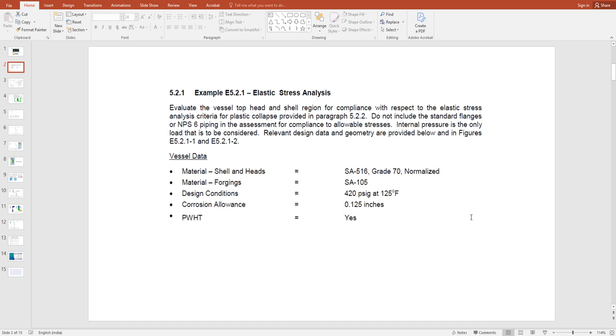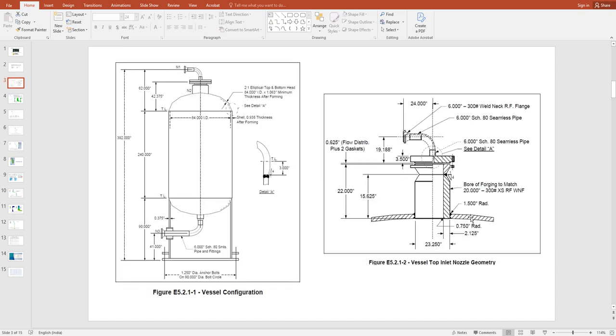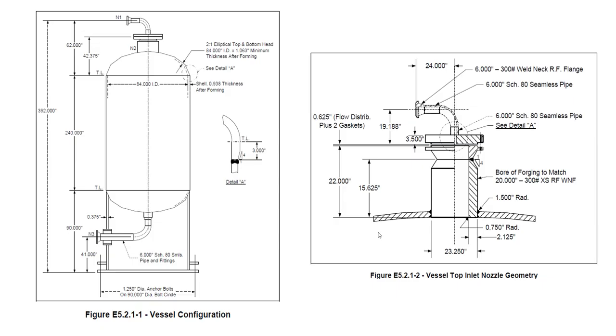Forgings are SA105, and the design condition is only internal pressure, given as 420 psig at 150 degrees Fahrenheit. Corrosion allowance is 1. This is the typical configuration of the vessel, and we need to create the 3D model for this vessel.